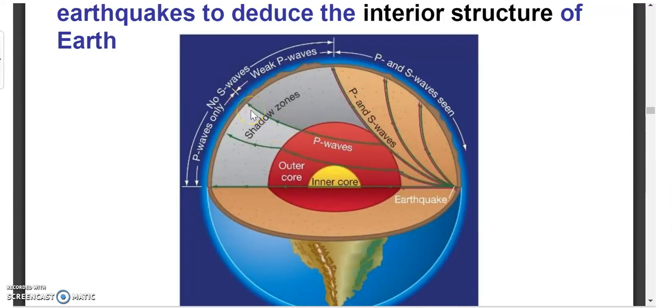Again, we put all this information into supercomputers, and we can figure out exactly which part of the world that particular P wave came from. And so we can actually map the outer core, and the inner core as well.